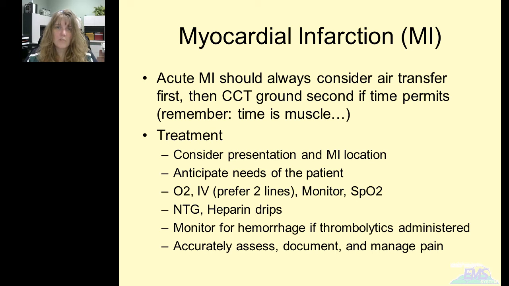We want to monitor the patient and make sure that we are evaluating their pulse oximetry. Consider nitroglycerin. You may see on the interfacility transfer that they have heparin drips involved, and monitor for hemorrhage if they've administered any thrombolytics prior to your arrival to transport that patient, and accurately assess, document, and manage any pain that patient continues to feel.